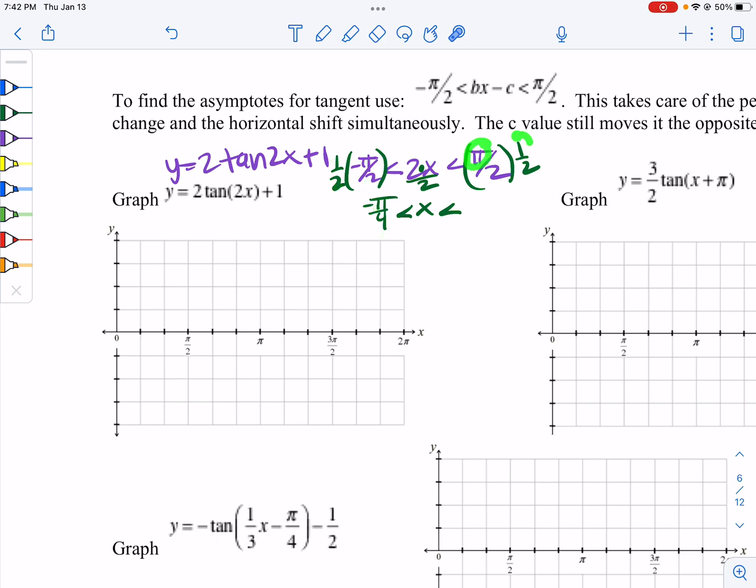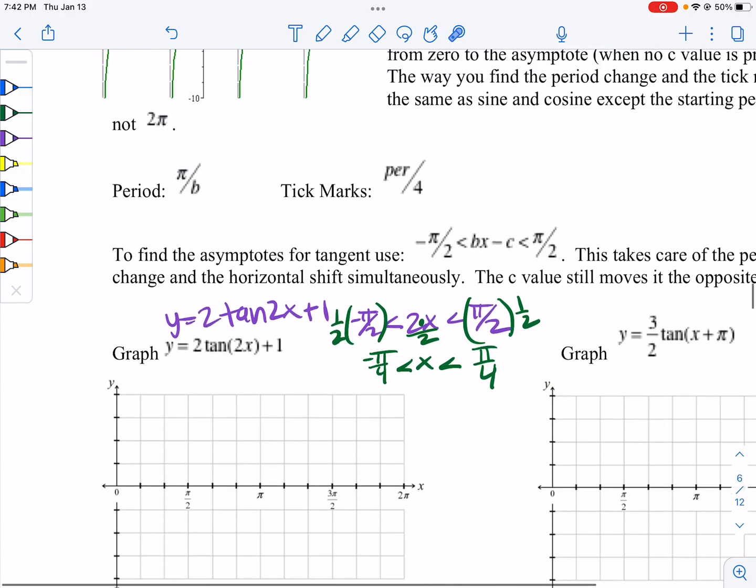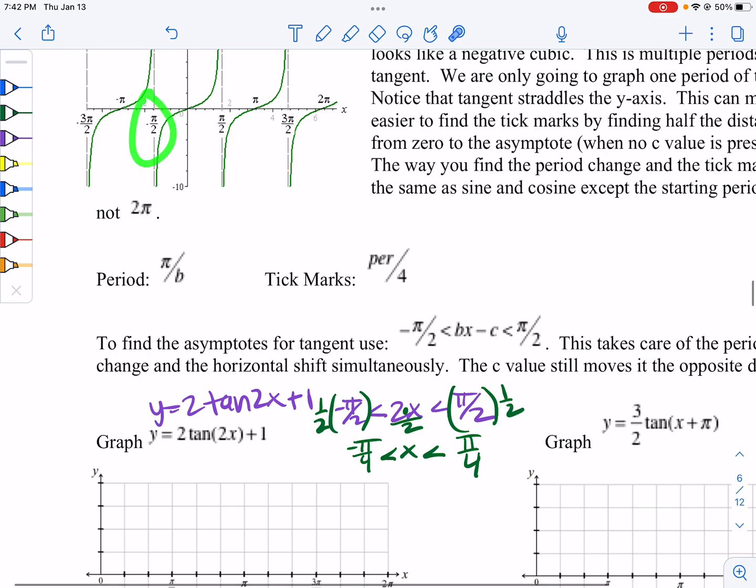So here we're going to do pi times 1, which will give us pi, and then 2 times 2, which is pi fourths. Notice since they're the same numbers, you're just going to have a negative here and a positive here. So now our asymptotes, instead of being at negative pi halves and at positive pi halves, have switched to negative pi fourths and pi fourths. And notice the distance between negative pi fourths and pi fourths is the total distance of pi halves.